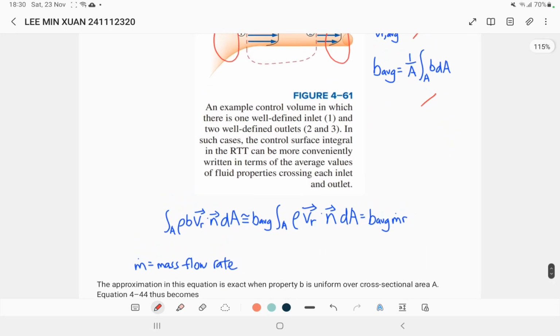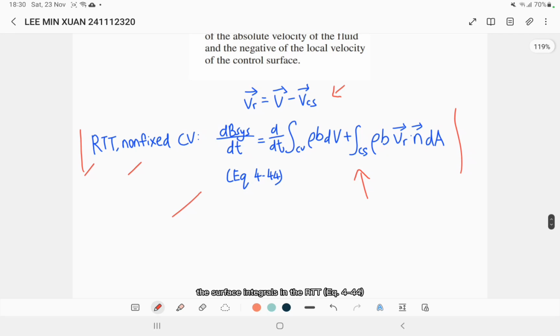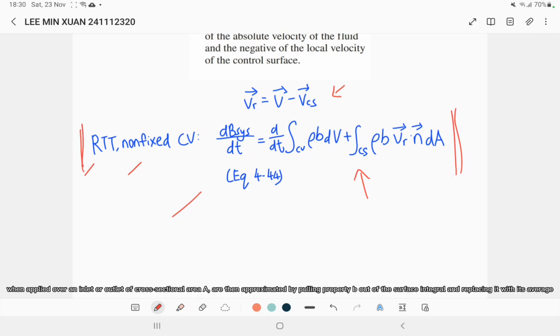This is the example of B average across an inlet or outlet of cross-sectional area A. So, the surface integral in the RTT equation 4-44, which is these equations, when applied over an inlet or outlet of cross-sectional area, is approximated by pulling property B out of the surface integral and replacing it with its average.